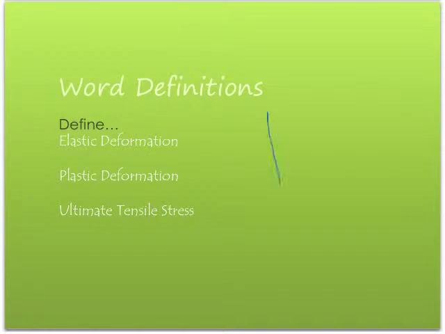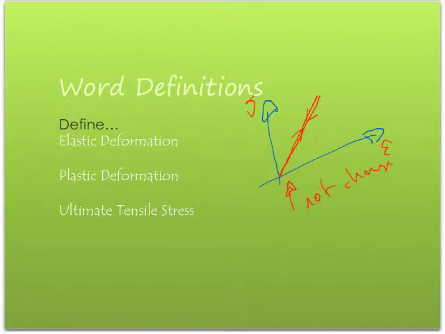Elastic deformation. Essentially, when you look at the definition, I would search the internet for this one, but if you have something that goes up in a straight line like that on your stress and strain graph, we could say it's elastic. That's because as it stretches, it's going to head up and then it's going to come back down the same path and it's not going to change the original length.